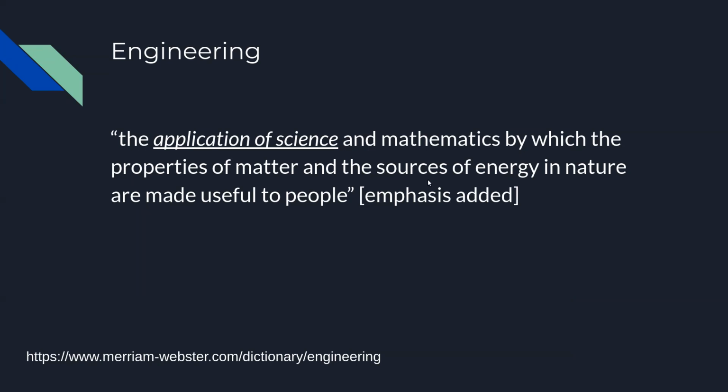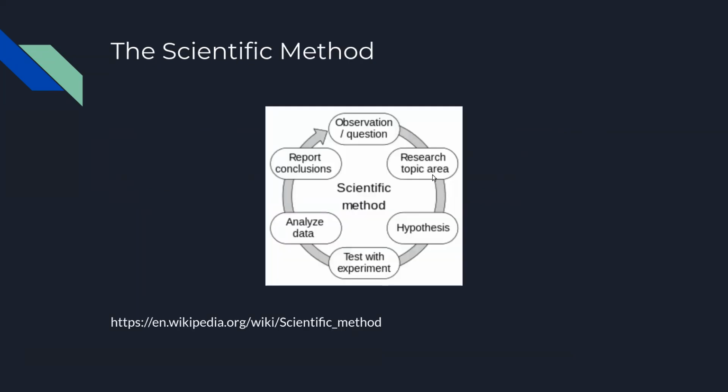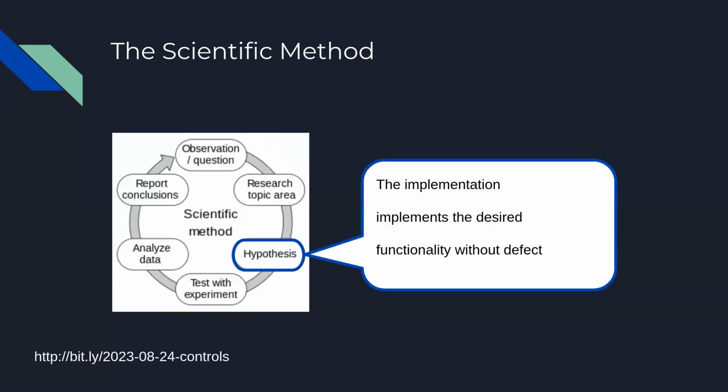If you remember last time, we had this scientific method here, and as we go around it, we apply it to what we do. As we're developing something, we have a hypothesis that what we did actually solves the problem and does the functionality that we want, without any bugs or defects in it. And we need a way of validating that hypothesis, and we do that with an experiment.